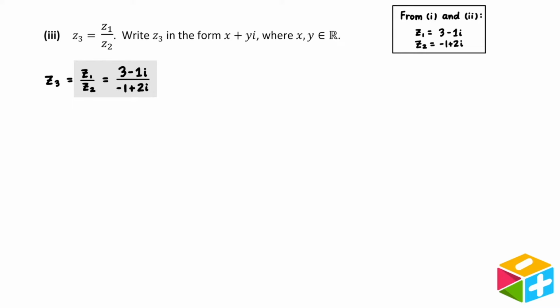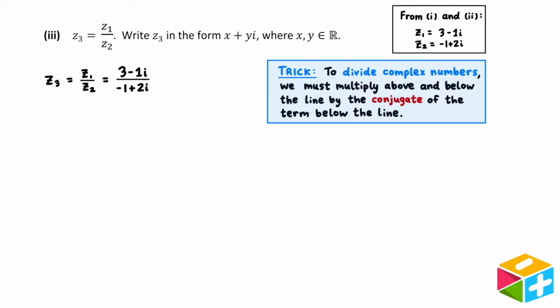Here, we're dividing complex numbers. To deal with this, we can use the following trick. To divide complex numbers, multiply above and below the line by the conjugate of the term below the line. Here, we have minus 1 plus 2i beneath the line.